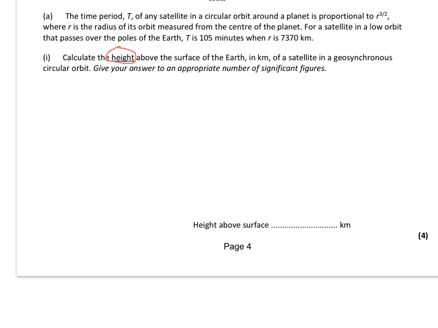So in terms of solving this problem, it's about equating the equations of Newton's law of gravity and the centripetal acceleration or centripetal force equation as it ends up being. So first let's cancel out the masses, and now what we need to do is substitute in for the time period, because we know the time period of a geostationary satellite is 24 hours.